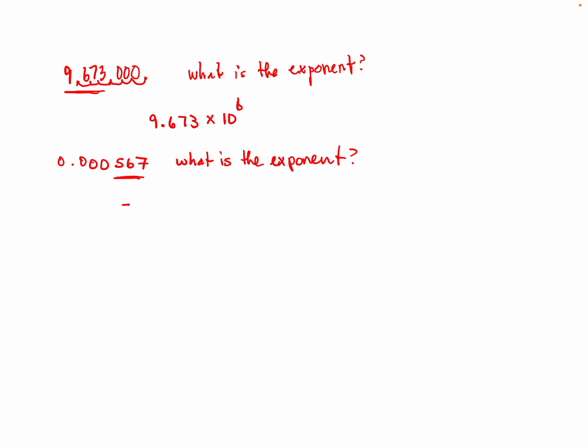So we need to have 5.67 as our coefficient. And then the exponent, we are going to walk that decimal to the position right after the 5. So there's 4, and it was a very small number, so that has to be negative in there. So we've got a -4 for this number.